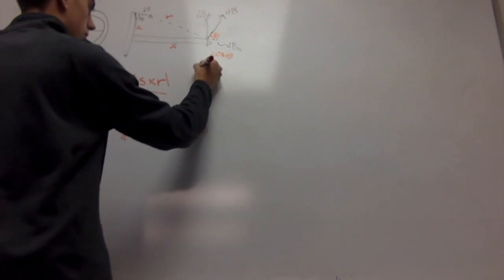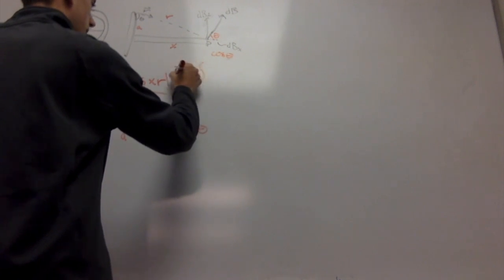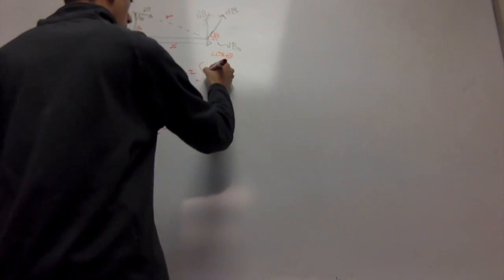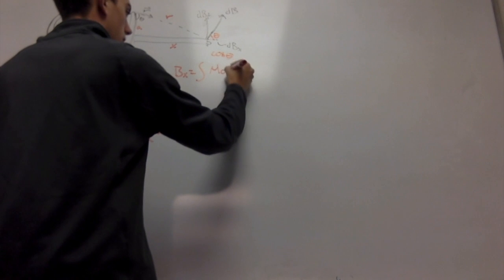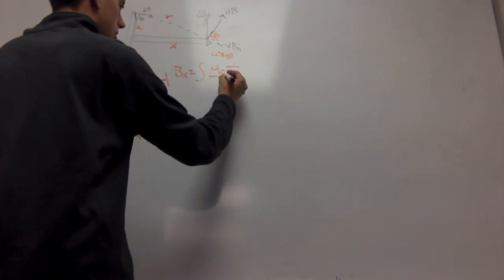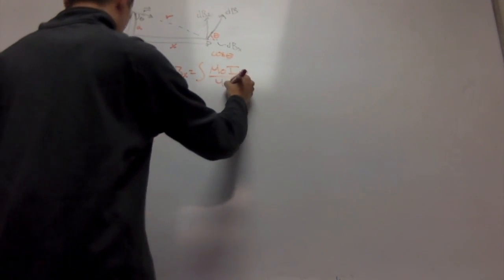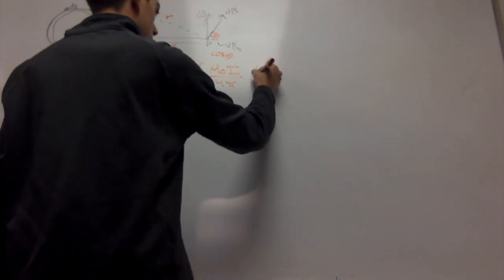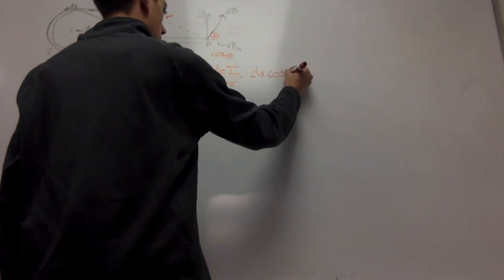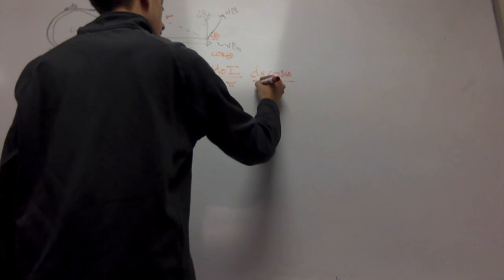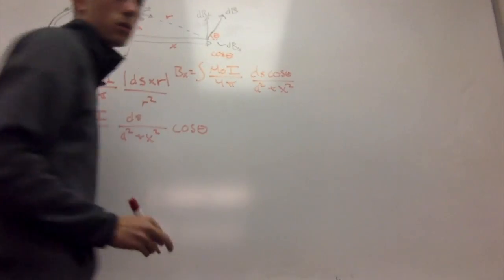So then what we want to do to find Bx here is take the integral of this equation. So let me move over here. Bx is equal to the integral of the constant times the current over 4 pi, ds cosine theta over a squared plus x squared.